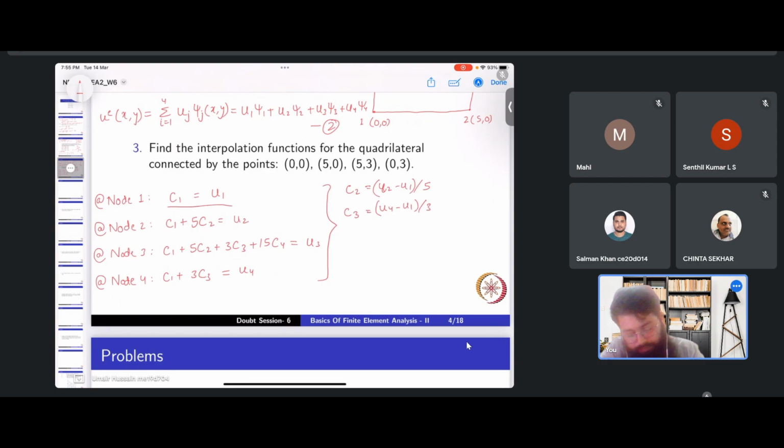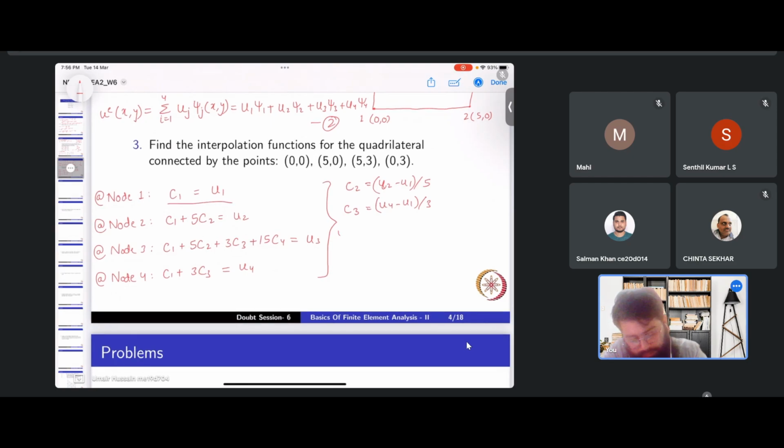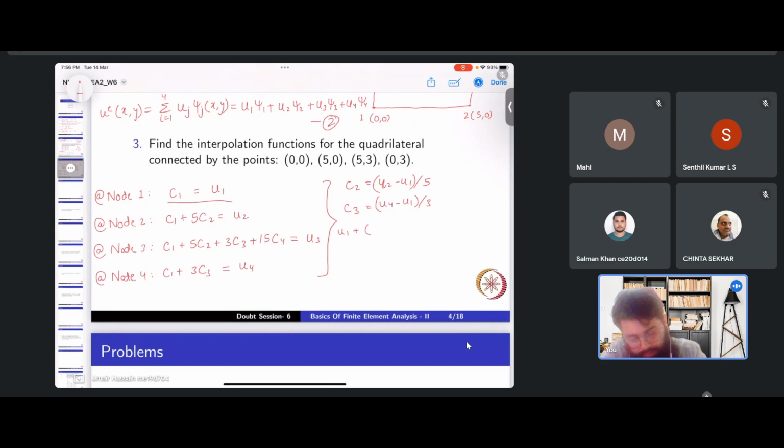So now we substitute all these values in the equation corresponding to node 3. We are left with c4, right? So c1 is u1, and 5c2 is nothing but u2 minus u1, plus 3c3, where c3 is u4 minus u1, plus 15c4 is u3.